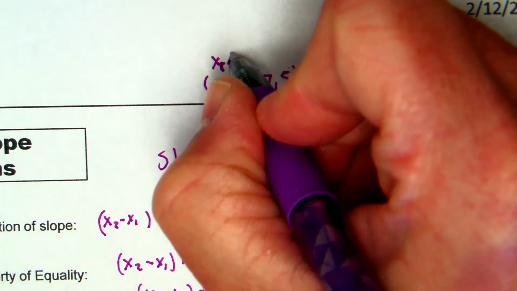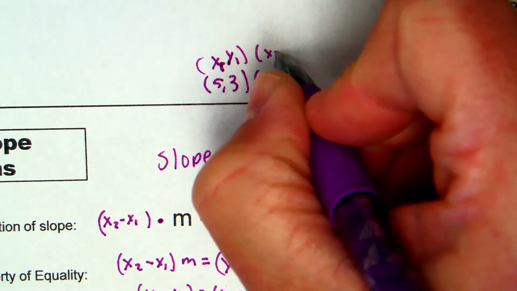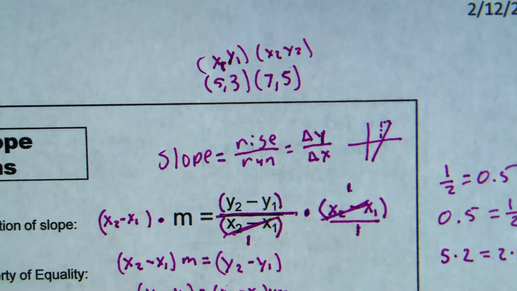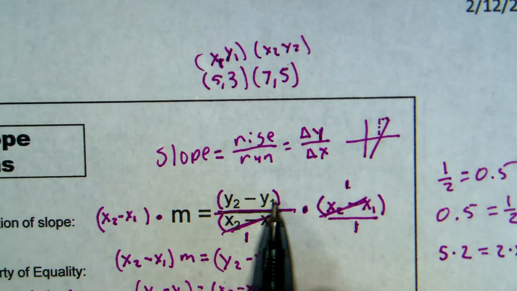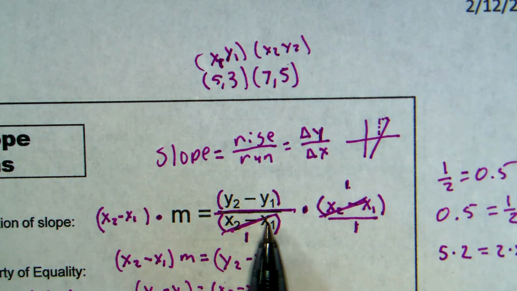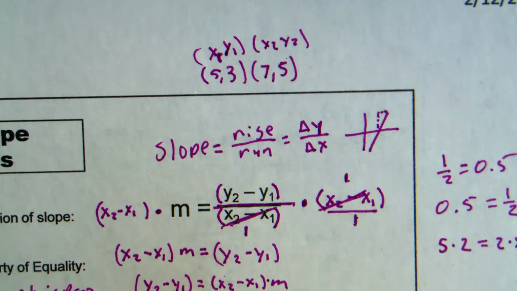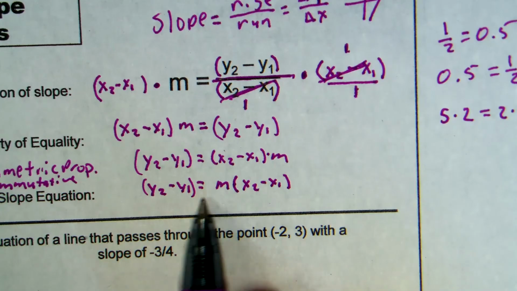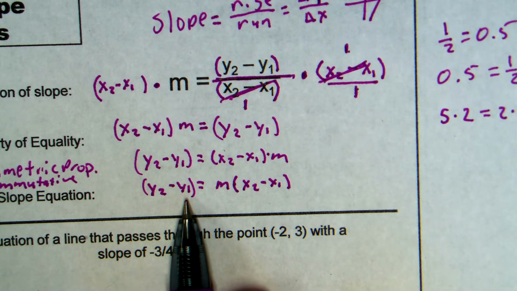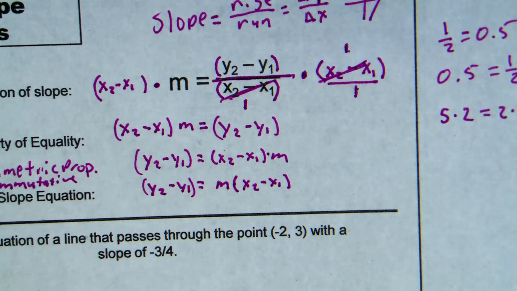This one being x1, y1, this one being x2, y2. And we are going to arrange those examples into our formula. But for the sake of today, let's say we don't actually know those values. We don't actually have examples of x and y.